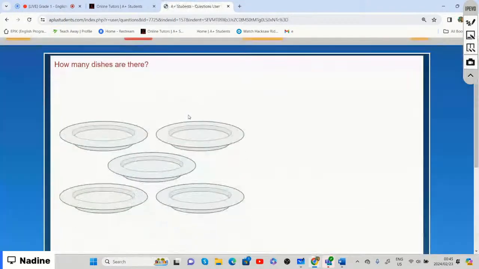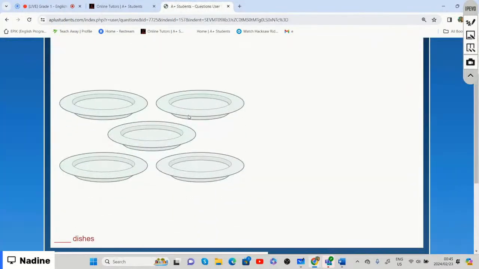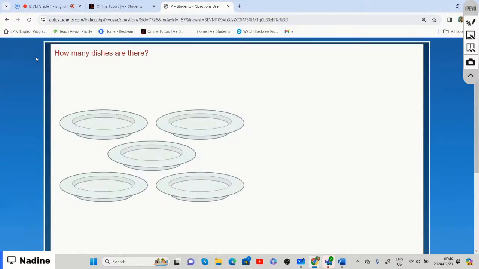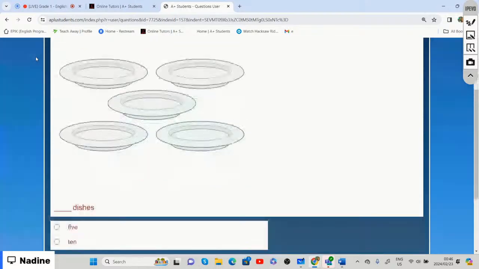How many dishes or plates are there? Or we can say how many plates are there? So how many do you see? Do we see 5 plates or do we see 10 plates?